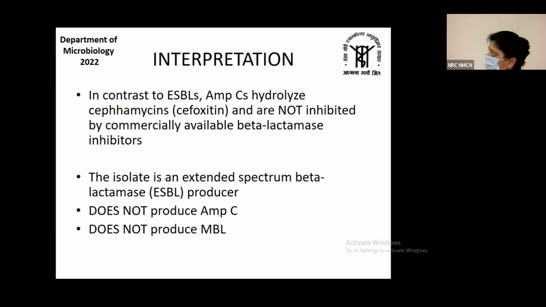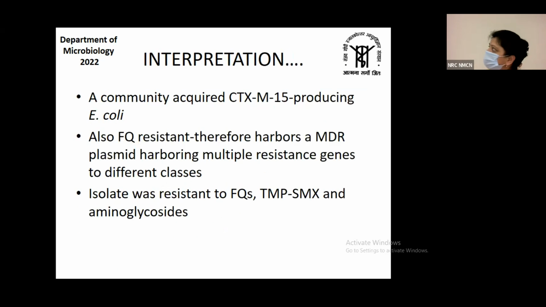So, as I told you, the interpretation is that it is an extended spectrum beta-lactamase producer which does not produce AmpC as well and does not produce metallo-beta-lactamase enzyme. And by sequencing, we later came to know that it was a CTX-M-15 producing community acquired E. coli UTI isolate. It was fluoroquinolone resistant. That means that there is a plasmid.